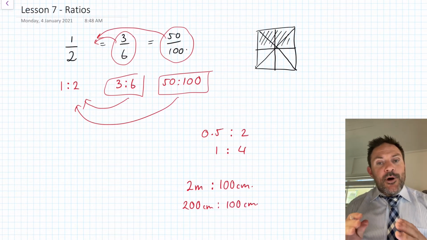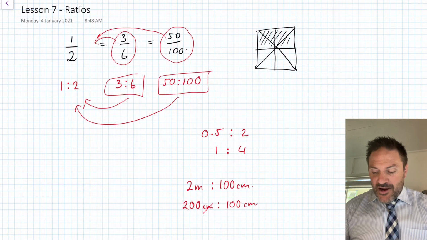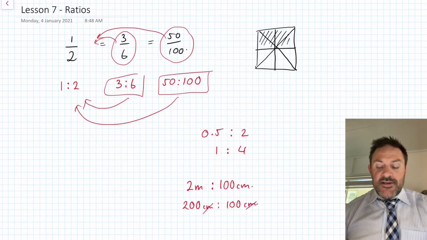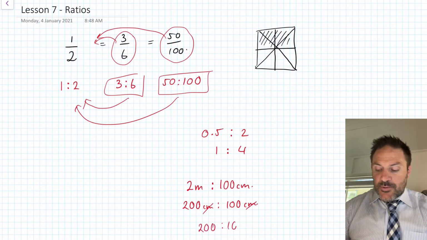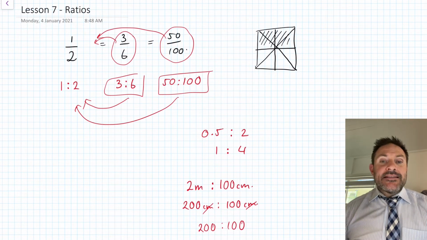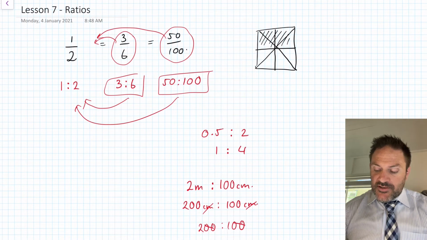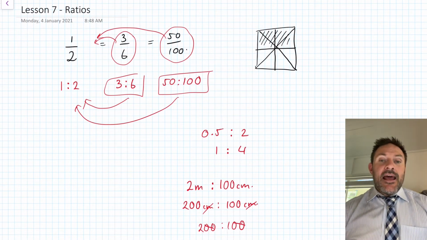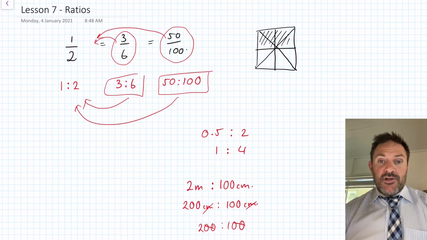And because they're now both the same units, I can get rid of those units, which gives me 200 to 100. And now I can simplify. Well, 100 goes into both of those, or I can just cross the 2 zeros off. I now get 2 to 1, and that's a nice simplified ratio.